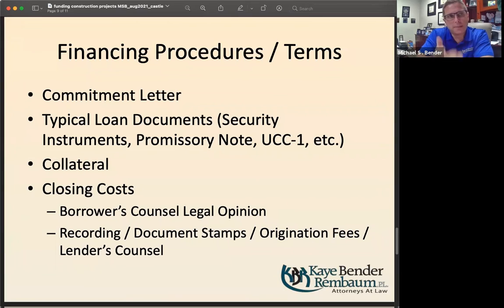Your typical loan documents are going to be your security instruments, your collateral assignment, which is what I talked about. It's a collateral assignment of lien rights. It's basically you, the association, saying to the bank that if we don't make the payments to you on a monthly basis, we're going to assign our lien rights that we have to each owner to you, and you have the right to go back to each owner and say, hey, your next month's maintenance payment, you need to pay to the bank.